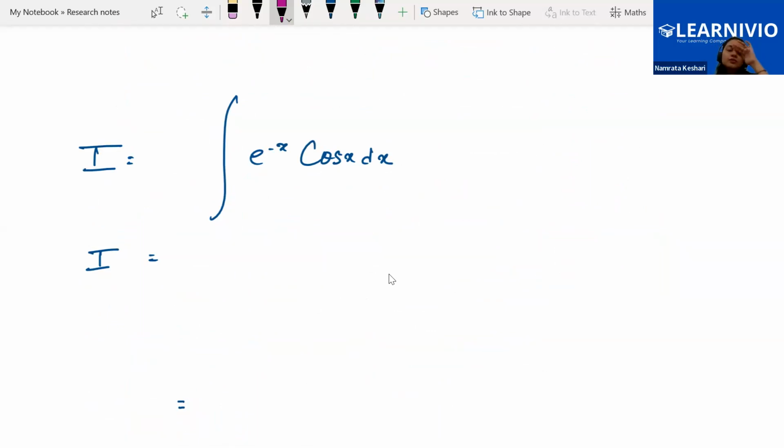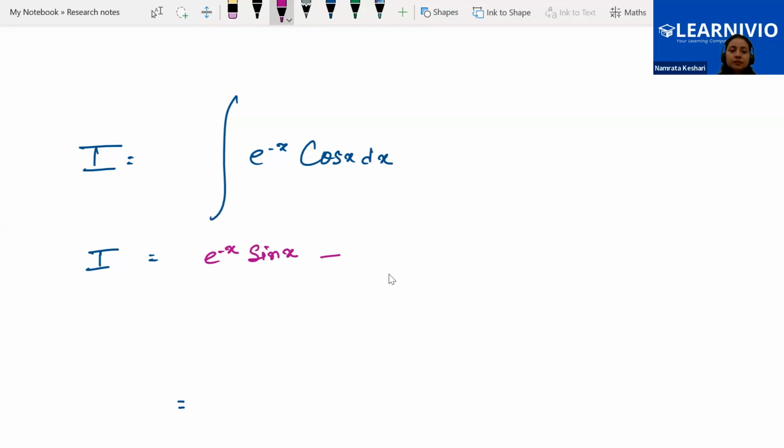I said to you that whenever we have e to the power x and cos x, whichever way you take, eventually we have to follow the same steps. So we will have first function, integration of second function, integration of cos x will be sin x, right? Plus sin x or minus sin x?